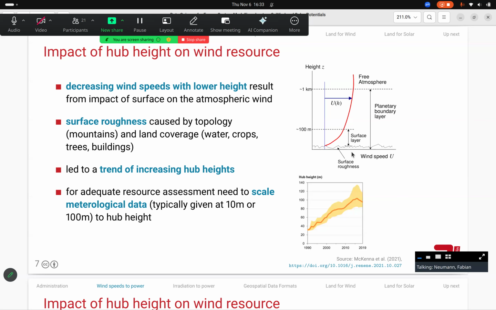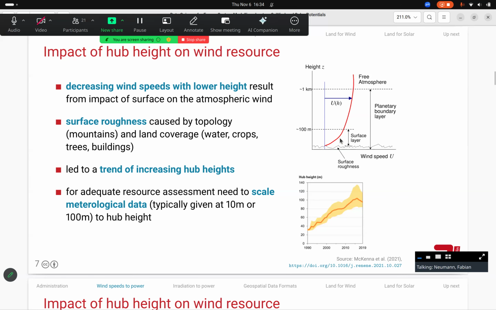Maybe it takes a moment to get familiar with this figure. What you see here is basically a surface layer at 0.0, and then increasing height on the y-axis, so something like 100 meters or 1,000 meters.